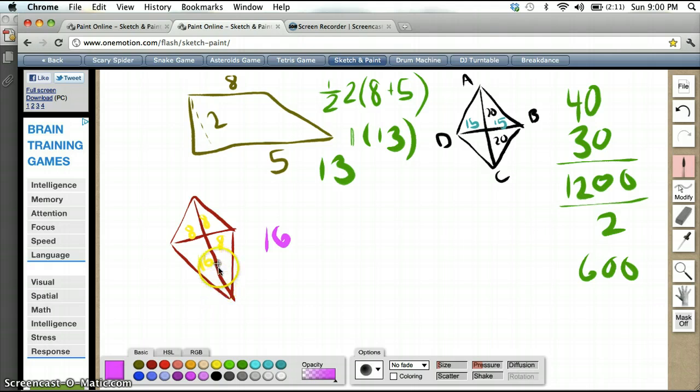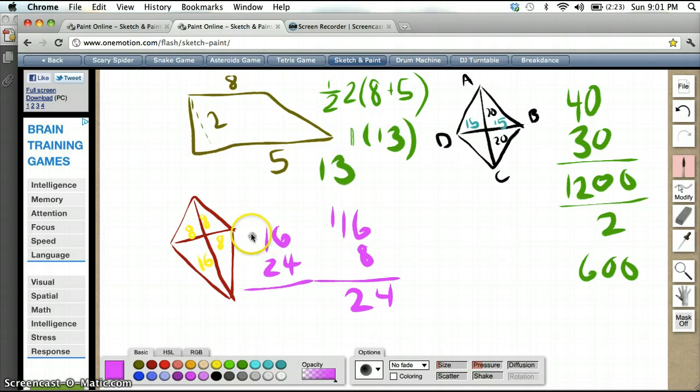And the other diameter is 16 plus 8, which is 24. So we're going to multiply 16 times 24.